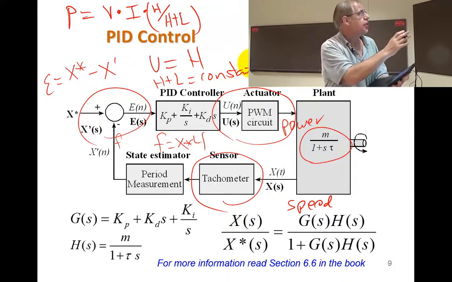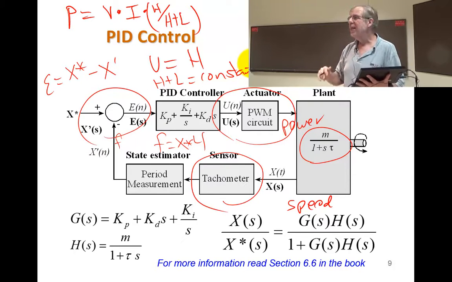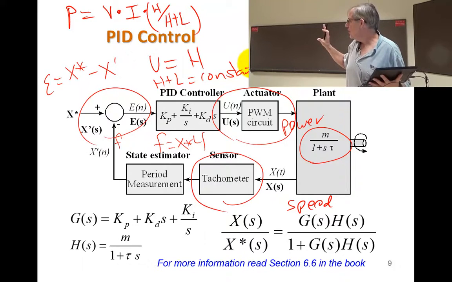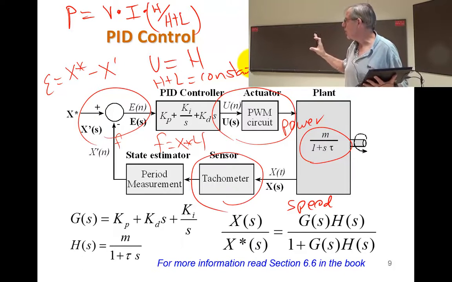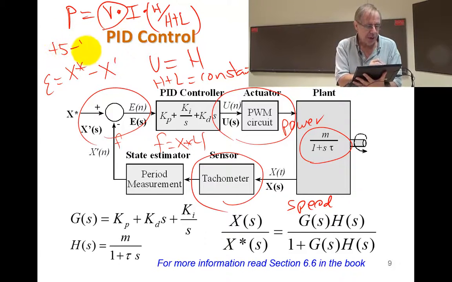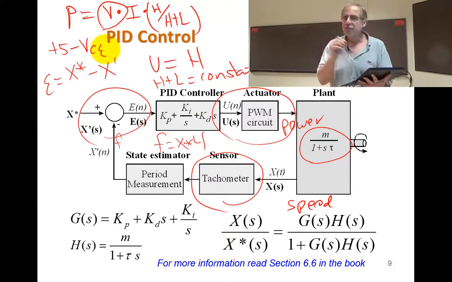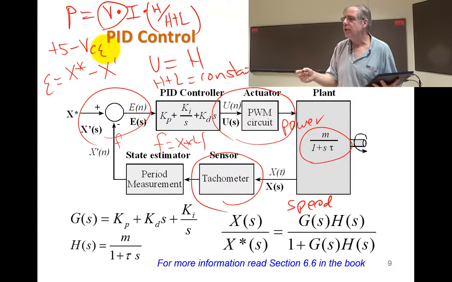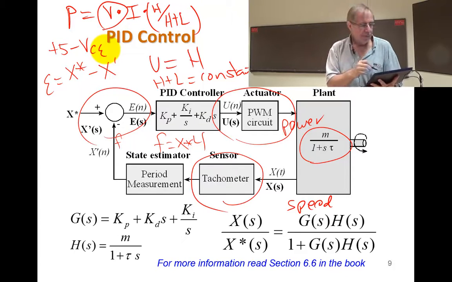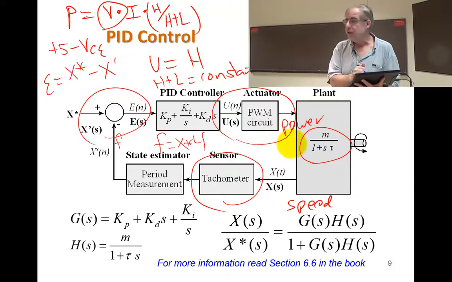And H plus L is the period of that output, and it's constant. And if the friction is stable, if the friction is constant, and if this one is fairly constant, right? That's the 5 volts minus the VCE of the Darlington. But if the friction is constant, then the I will be constant. But I'm going to be the first one to tell you, this is not linear either. The plant's not linear, the actuator's not linear.